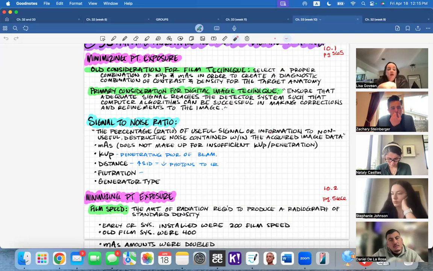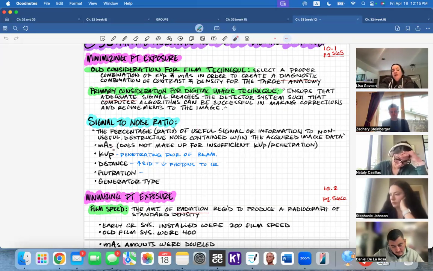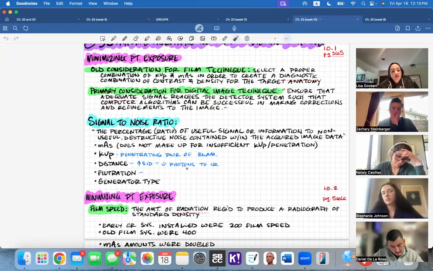I think so. mAs is how many, right? Quantity. And kVp, all these things can create scatter, which can create noise. The distance, if you have a bigger distance, you could potentially have less photons.